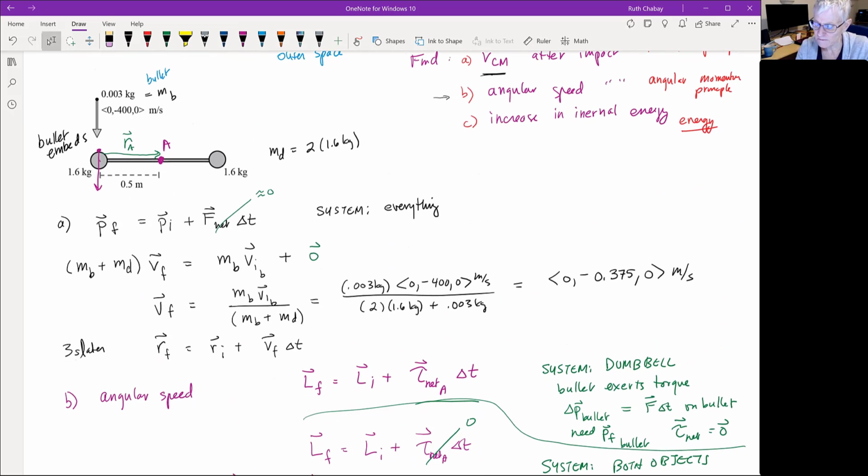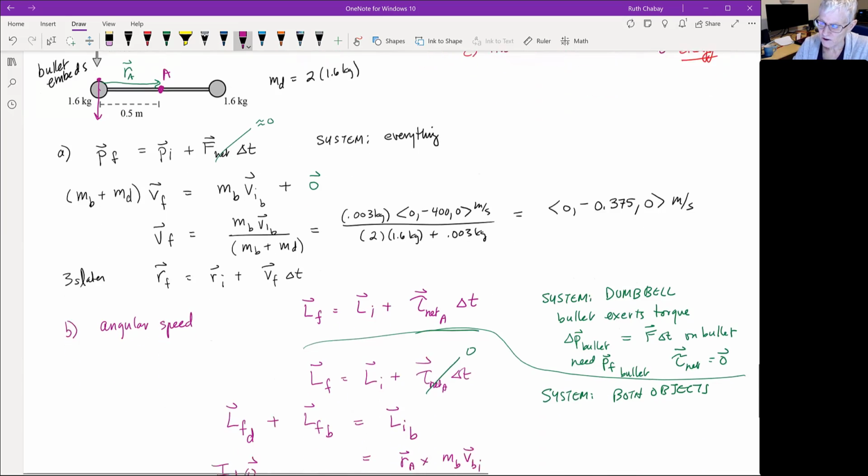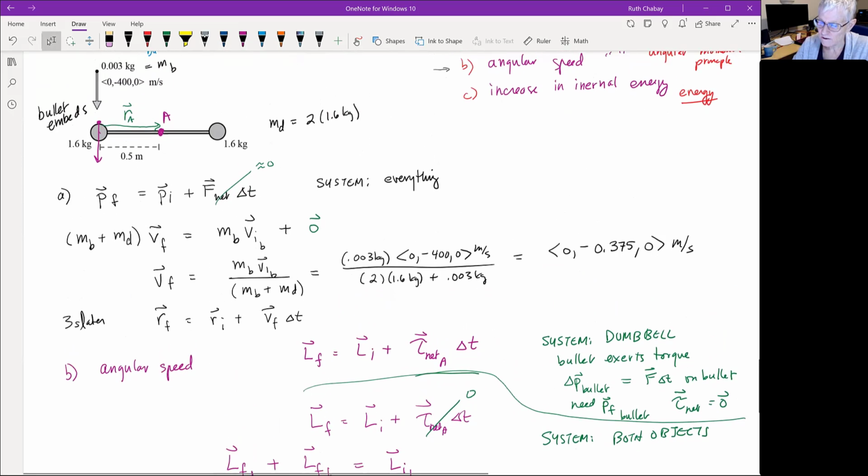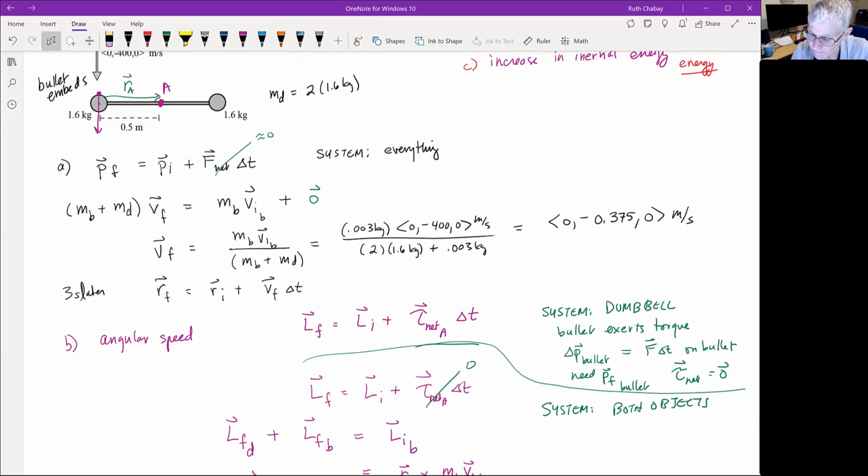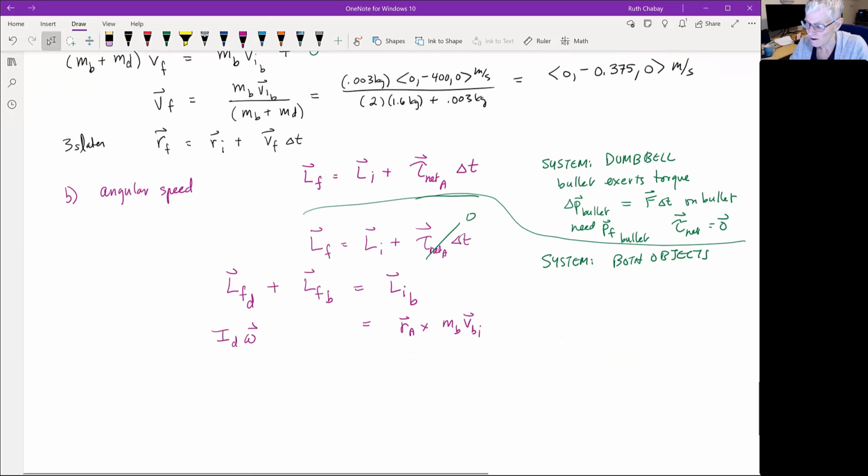In the bullet here, the bullet is actually traveling tangentially here. And so it's got translational angular momentum. So it's r_A cross m bullet v bullet final.